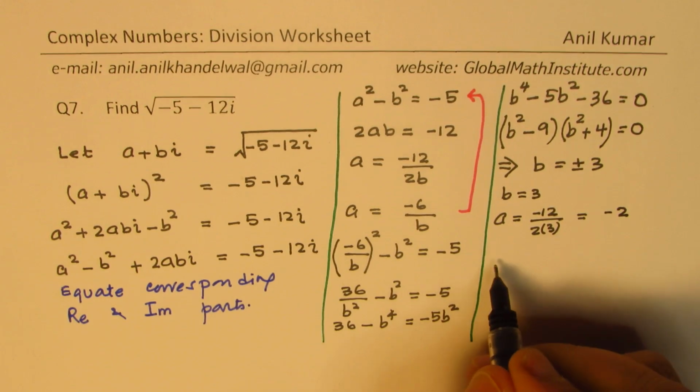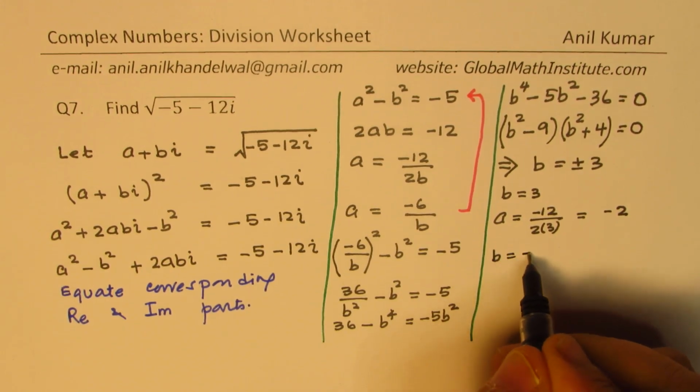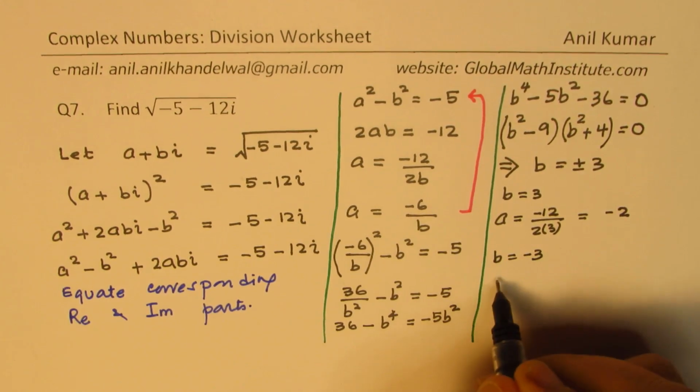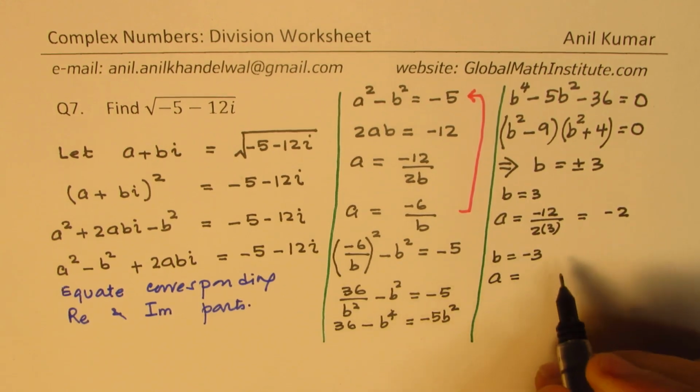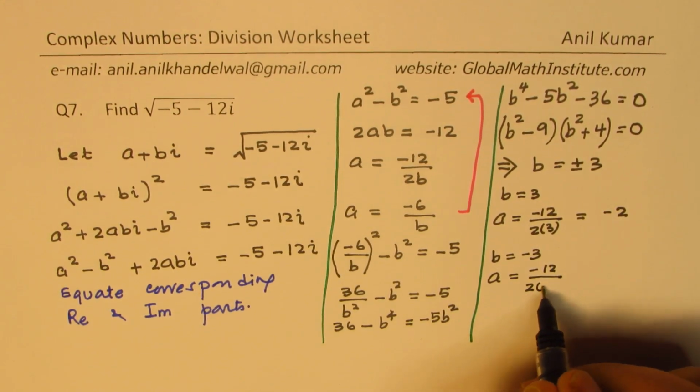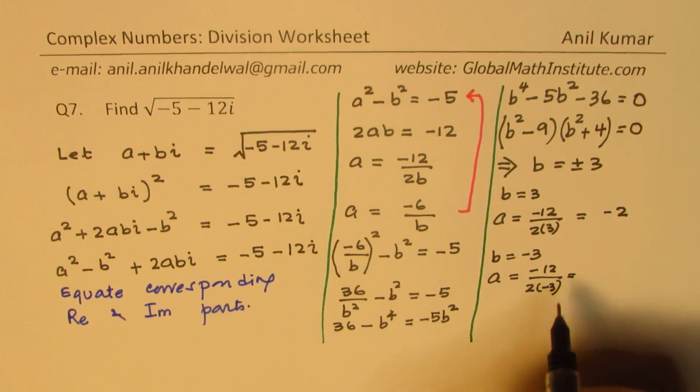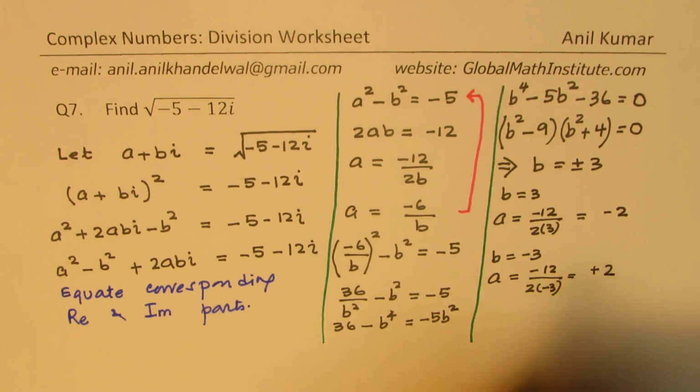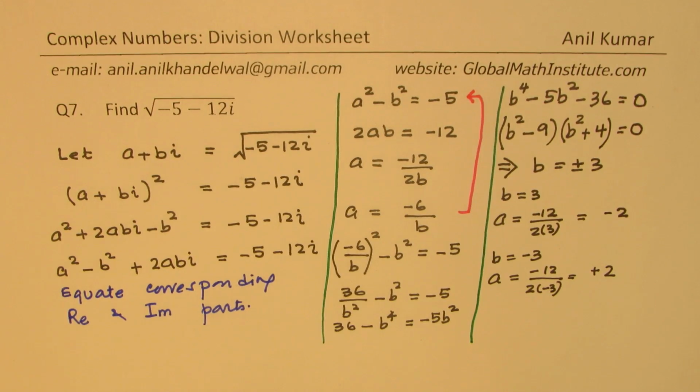Right? And if b equals minus 3, then a is equal to minus 12 over 2 times minus 3, which is positive 2. Right? So that becomes our solution.